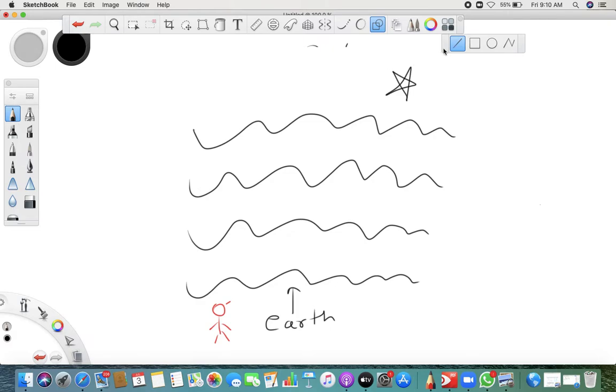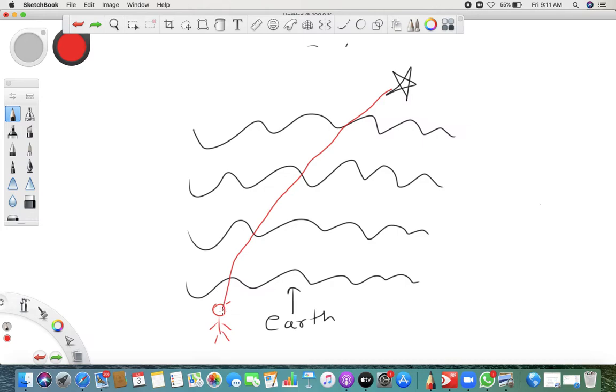When light comes from the sun and just enters, the density changes. So the light keeps on bending before it reaches us.